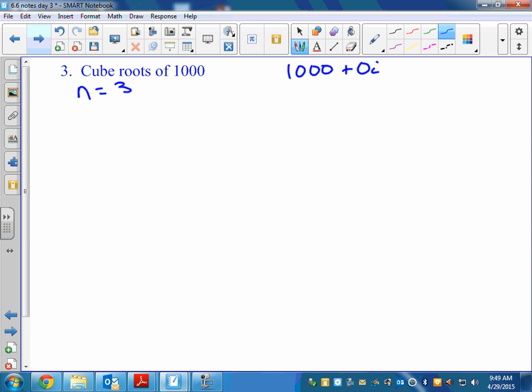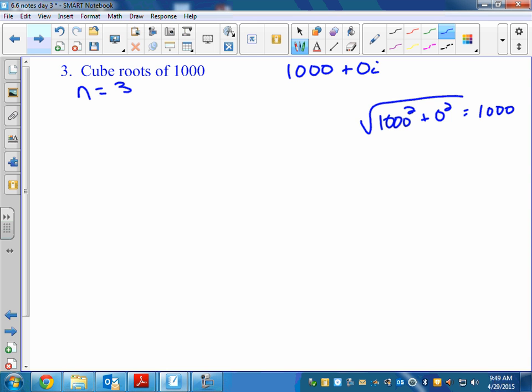Would this be the same as 1,000 plus 0i? Which means what would r be? How do you do r again? It would be the square root of 1,000 squared plus 0 squared, which is just 1,000.